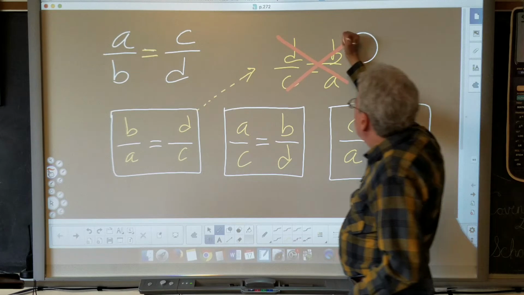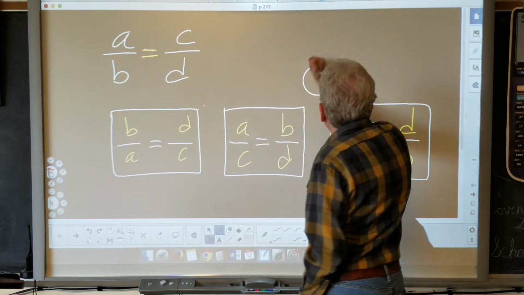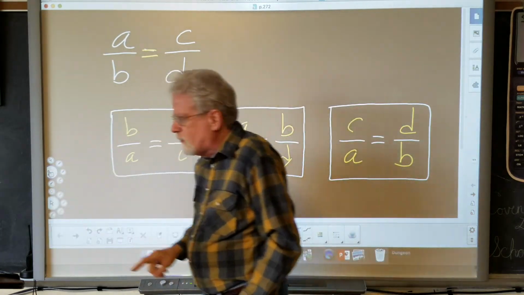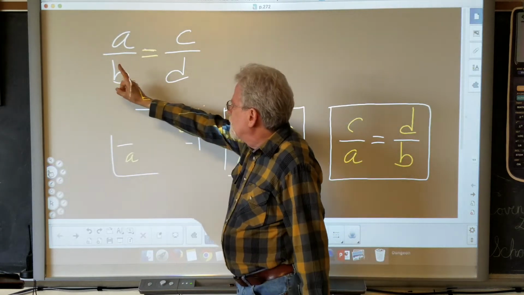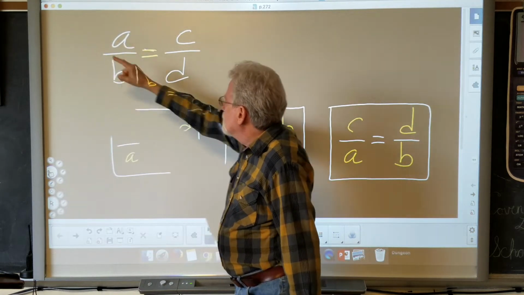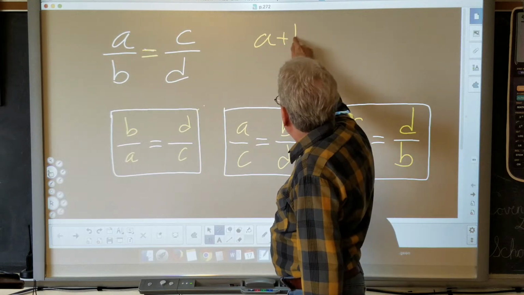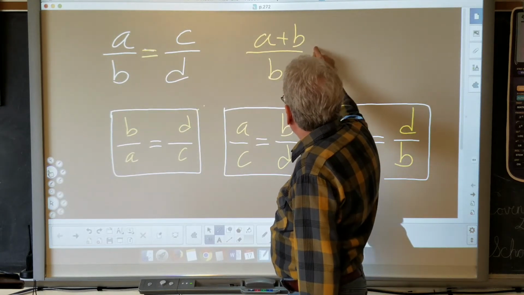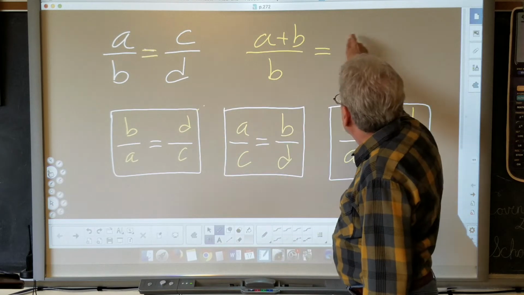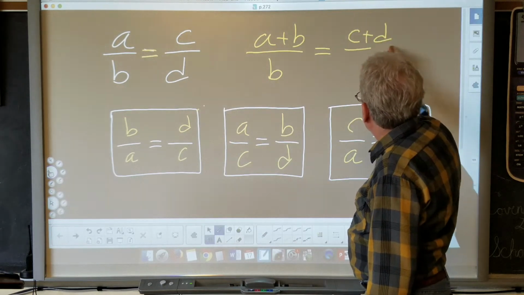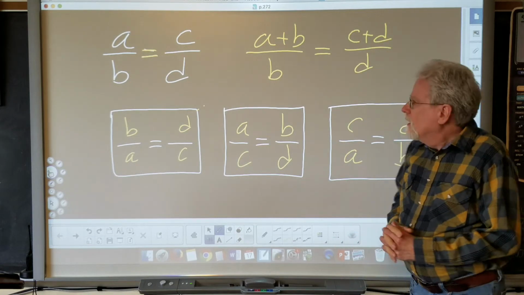Now, something that some folks have done in the past, getting a little more bold, a little more daring, they've used that other weird rule that says I can add the denominator to the numerator, A plus B over B, as long as I also add that denominator to that numerator, C plus D over D. Why did that work?